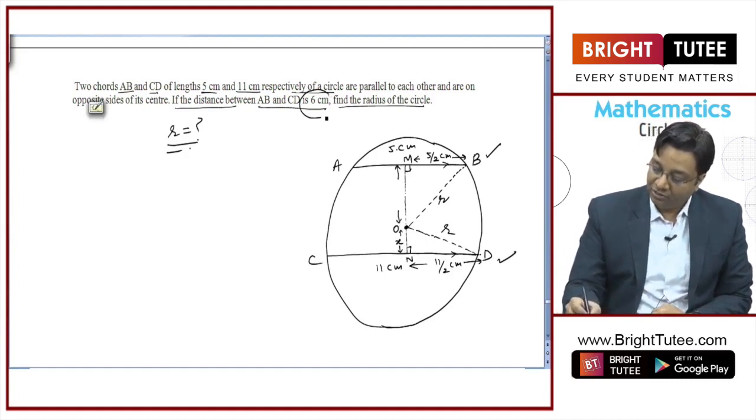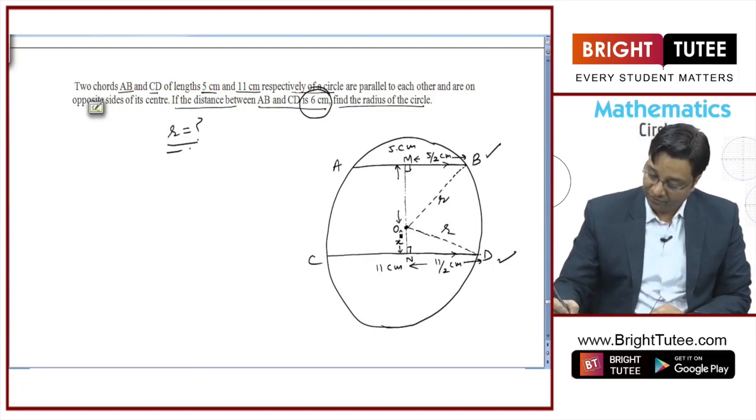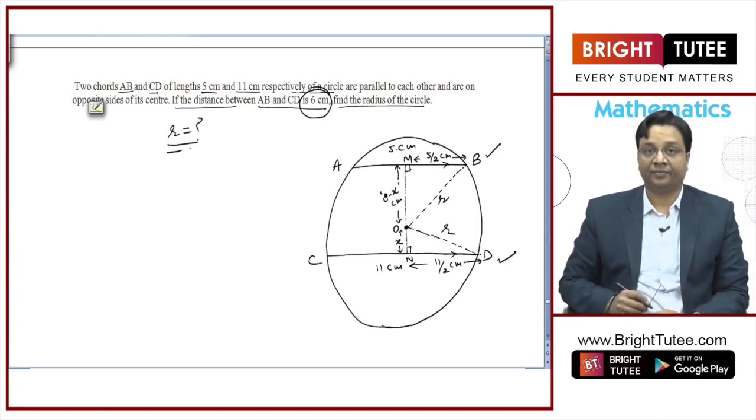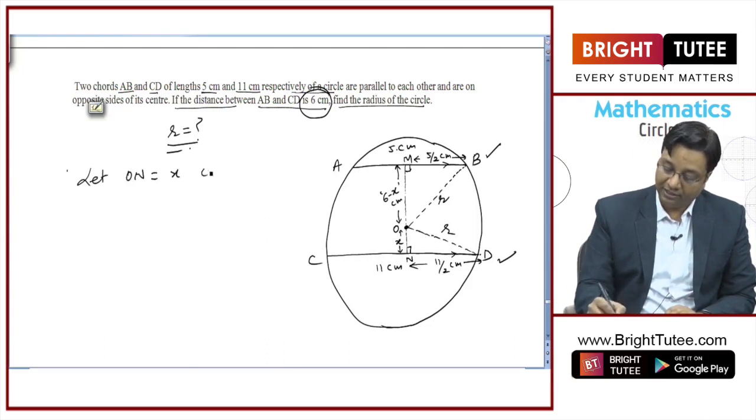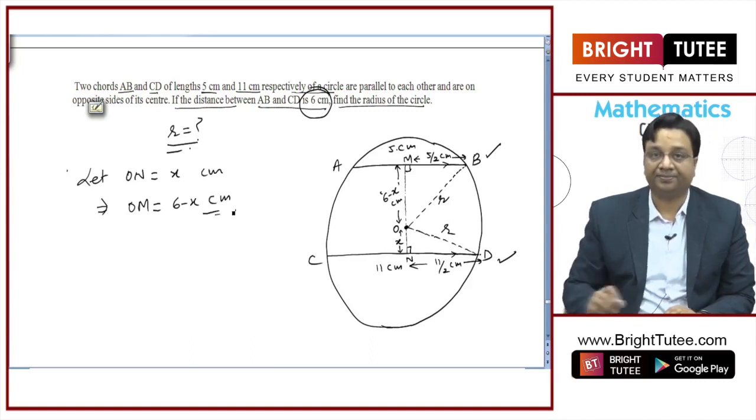The distance between these two chords is 6 centimeter. So if ON is assumed as x centimeter, then OM will be 6 minus x centimeter. So what I have assumed is, let ON be equal to x centimeter. This will imply that OM is equal to 6 minus x centimeter.